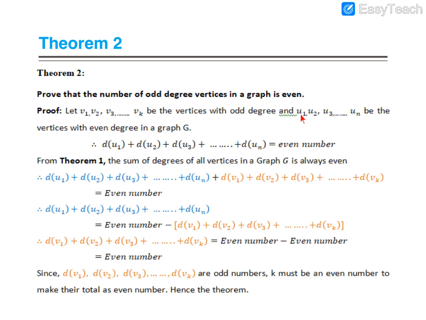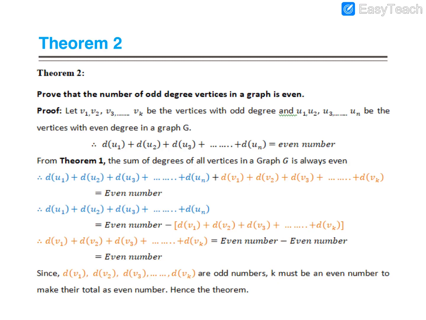As the degrees of U1, U2, U3 up to Un are even, their sum, degree of U1 plus degree of U2 plus degree of U3 plus up to plus degree of Un, is an even number, because the addition of even numbers is always an even number. Now from theorem 1 we can say that the sum of degrees of all the vertices in a graph G is always even.